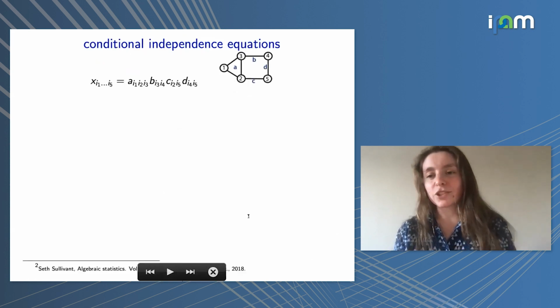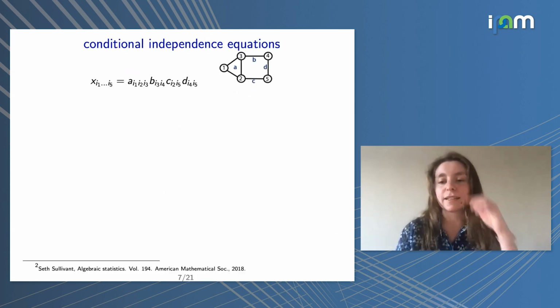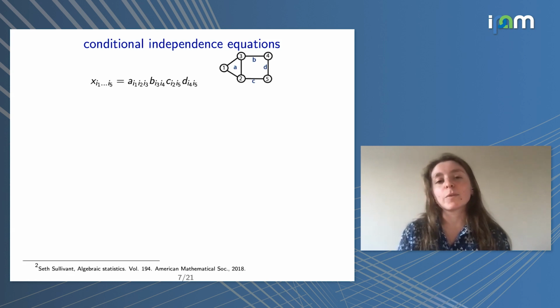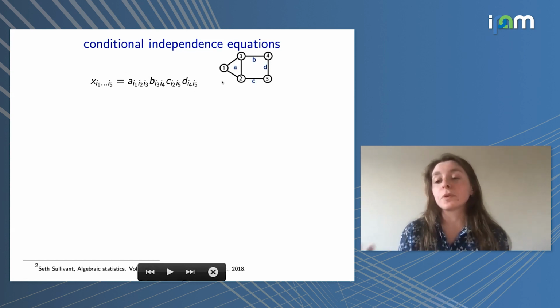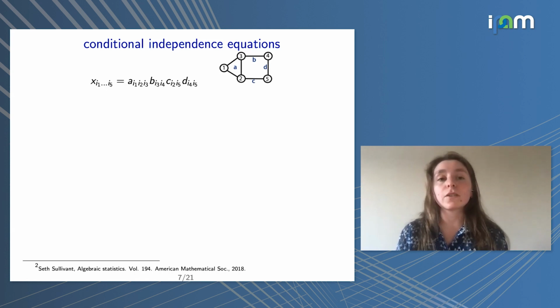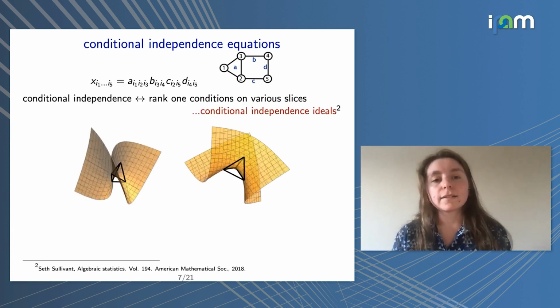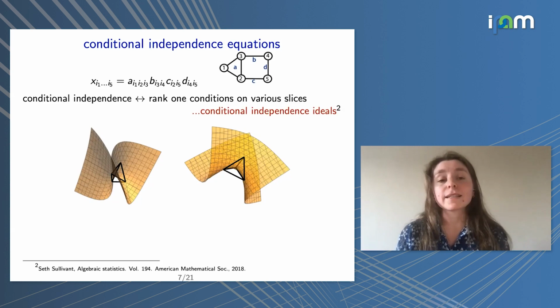All right, but this is not just a set of tensors. It has some algebraic structure. So we can understand the collection of all tensors that factor in this form, for example, or that factor according to the structure of some other graph.